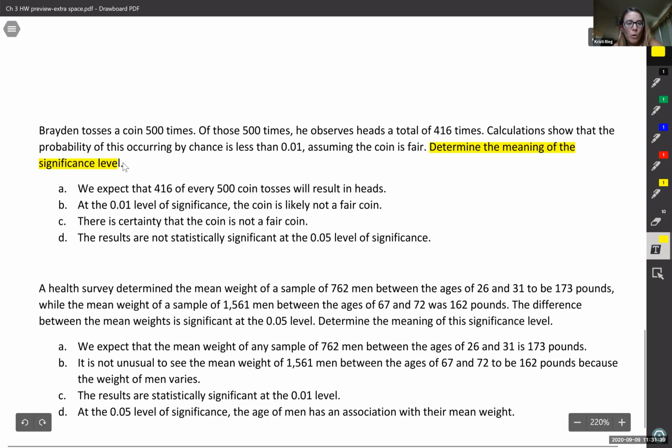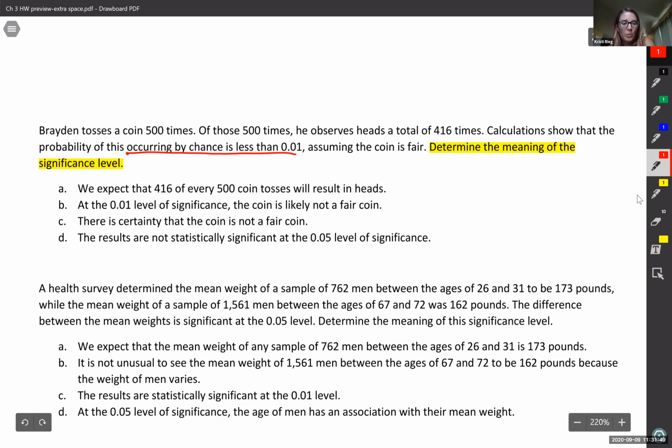And we're going to do this a lot more in chapter 8. But right now, since it talks about this point, the probability of this occurring by chance is 0.01. We would say that at the 0.01 significance, the coin is likely not fair.